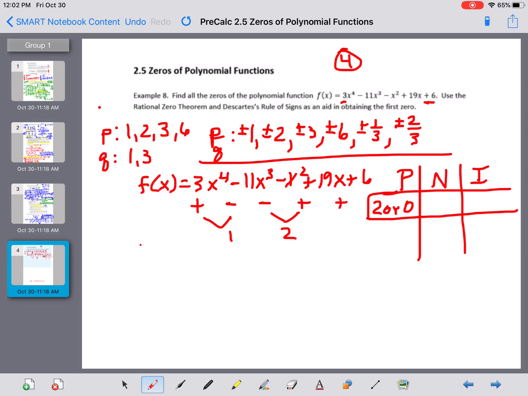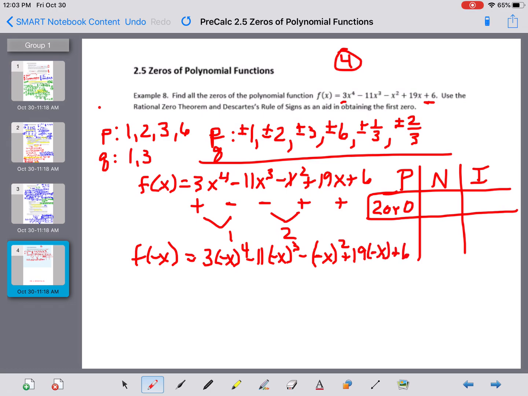Now let me do my f of negative x. That gives me 3 negative x to the 4th minus 11 negative x to the 3rd minus negative x to the 2nd plus 19 times negative x plus 6. Negative x to the 4th stays positive, so I just get 3x to the 4th, which is positive.